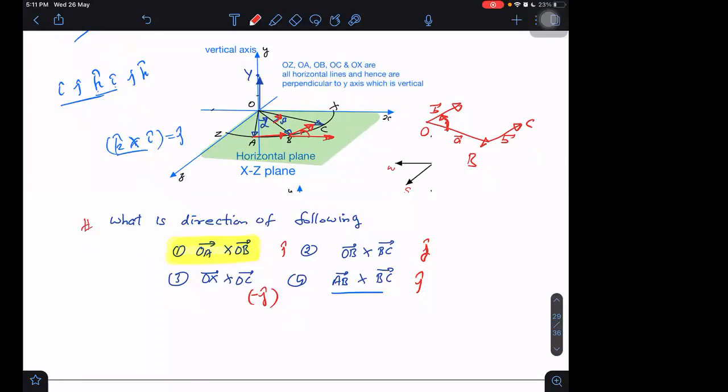Just wait a second. We switch on the lights.